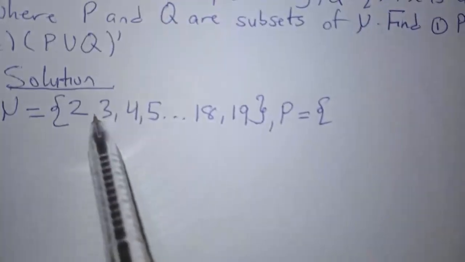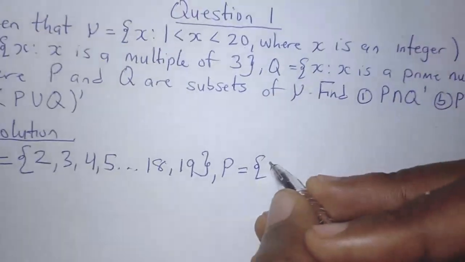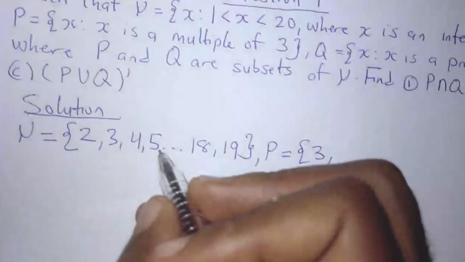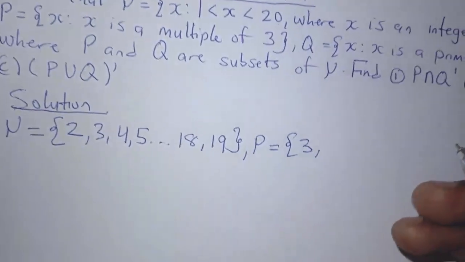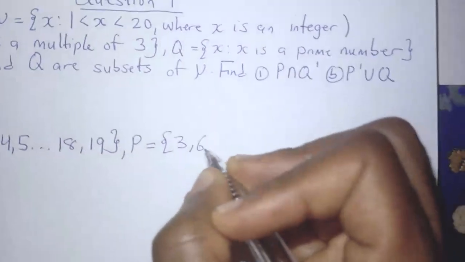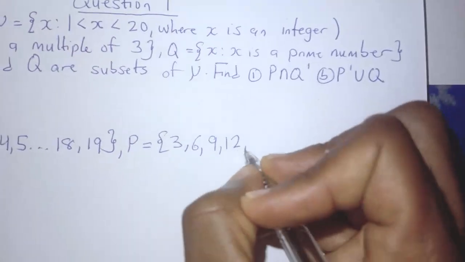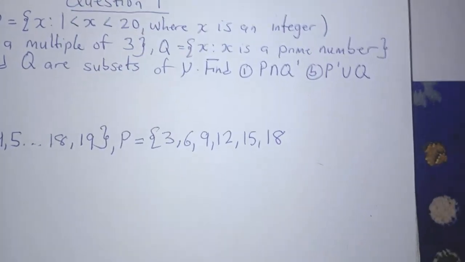So in here now, the first multiple of 3 we have is 3 itself. So 3 is the first element you have in P, followed by 6. I don't write it all here because I don't want to waste much space. So we have 6, we have 9, we have 12, we have 15, and we have 18. Normally I'm supposed to continue.